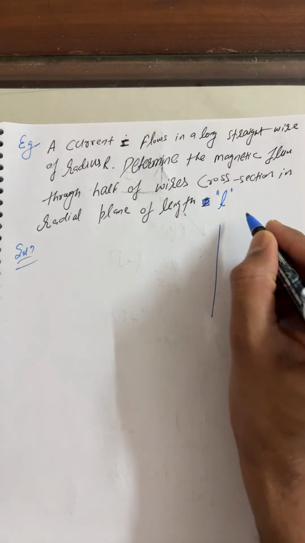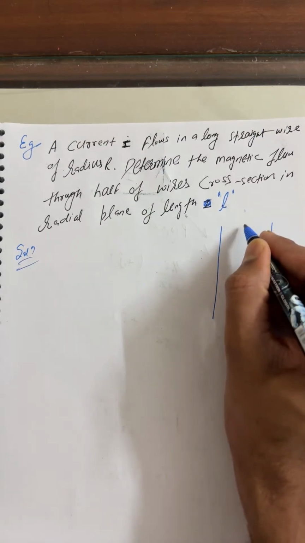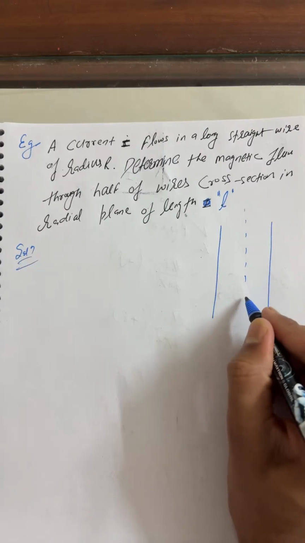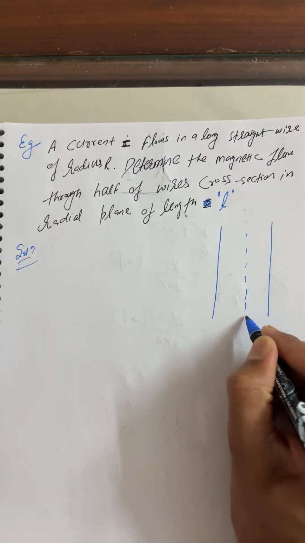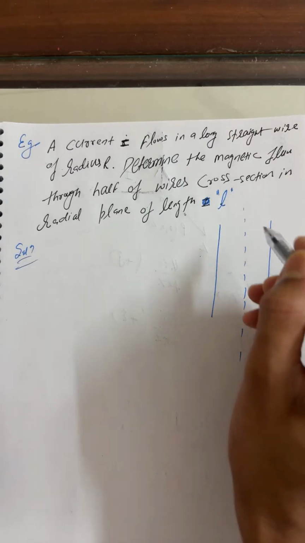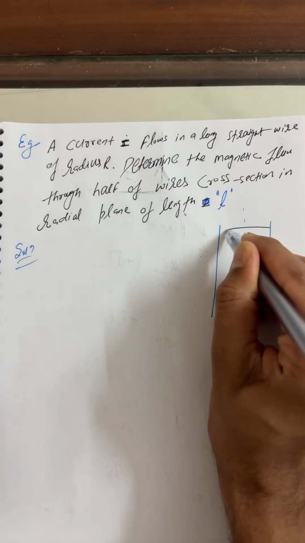So let us say this is the axis of the cylindrical wire. If this is the axis and the side is mentioned, you can take it accordingly.